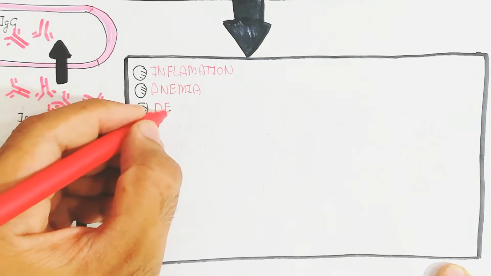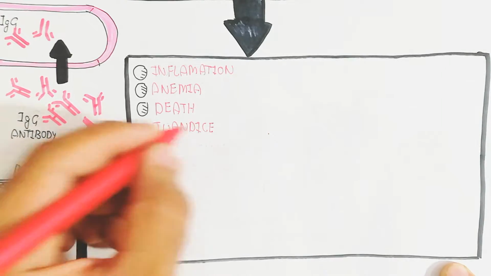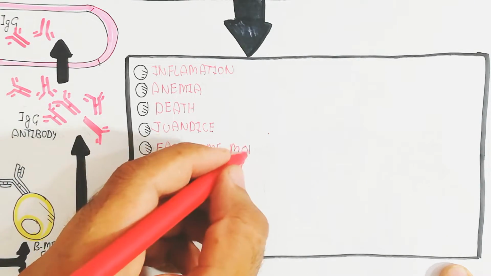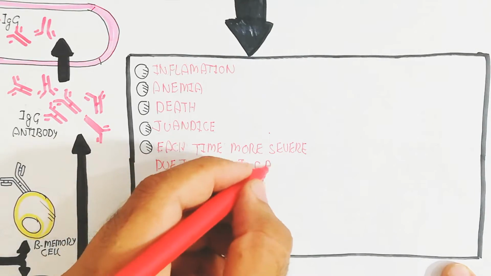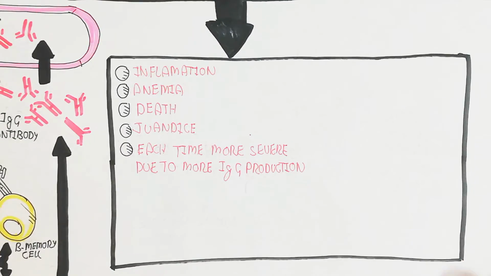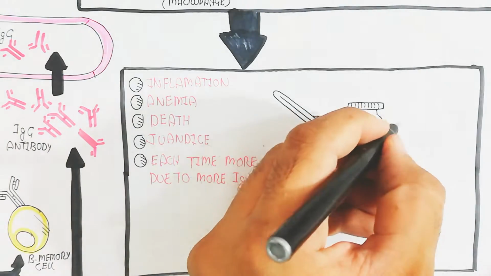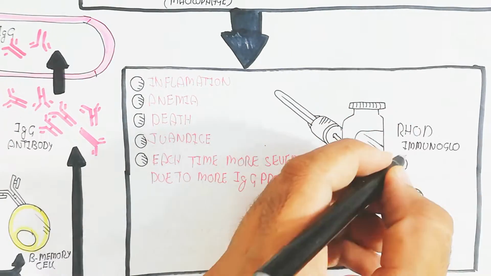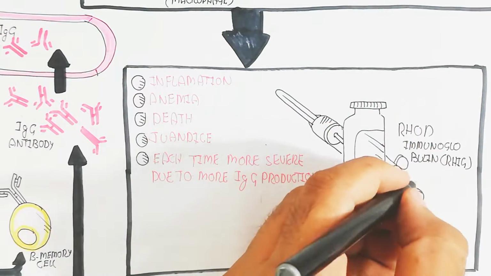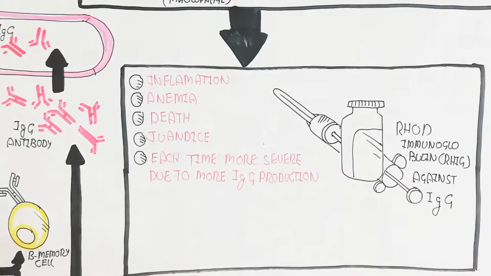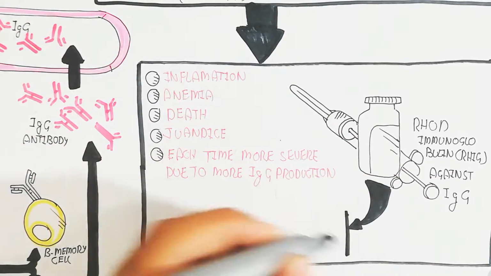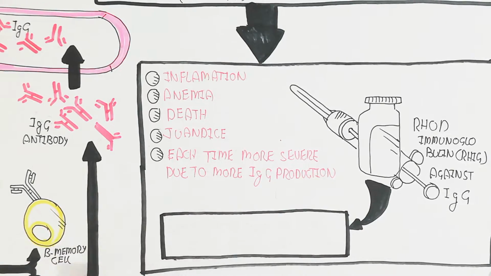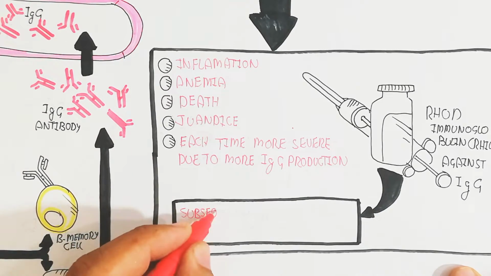So here there is inflammation, anemia, even fetus death, and jaundice, each time more severe due to more IgG production. To prevent this process and erythroblastosis fetalis, RhoD immunoglobulin or HIG against the IgG will be used.